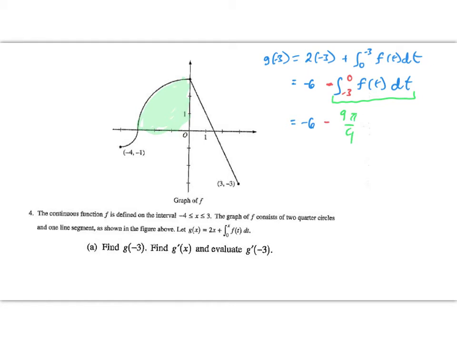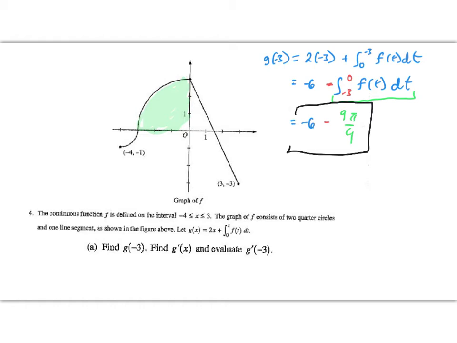And that is all the further I need to go on this part. I think that's a pretty good value for the area under the curve and the value of g of -3.